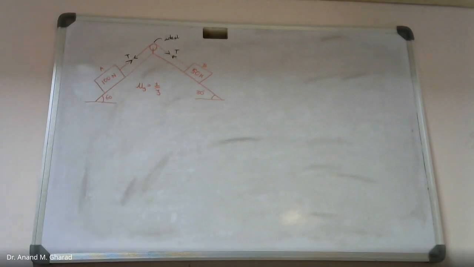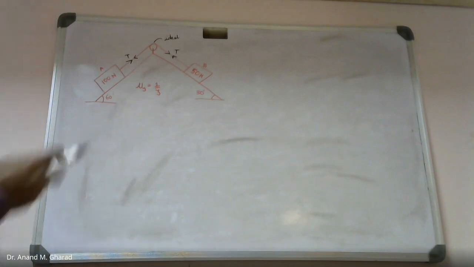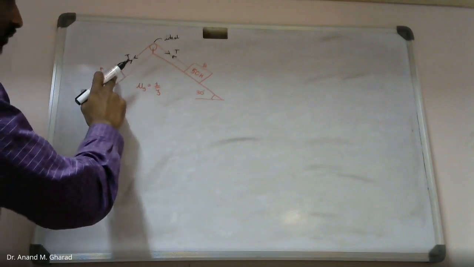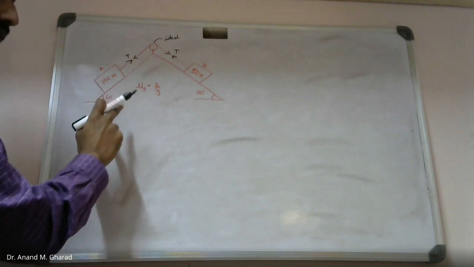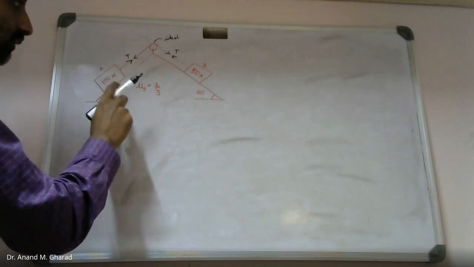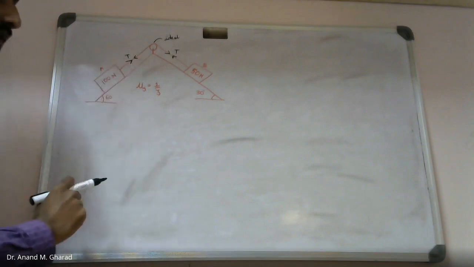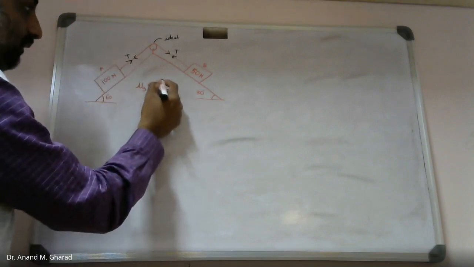Okay. Now what is the second part? Second part is that, see over here, the motion is not known actually, and we cannot assume the direction of the motion of the block. The reason I will let you know: here the coefficient of friction is given, right?